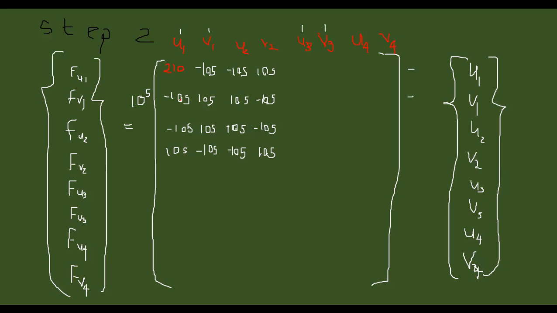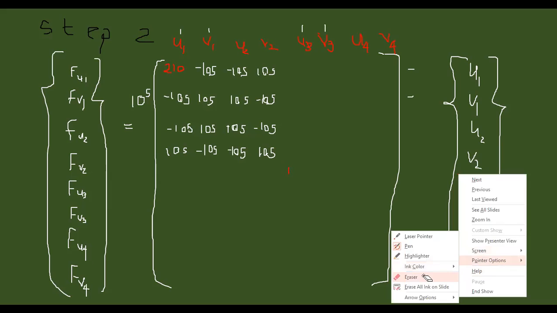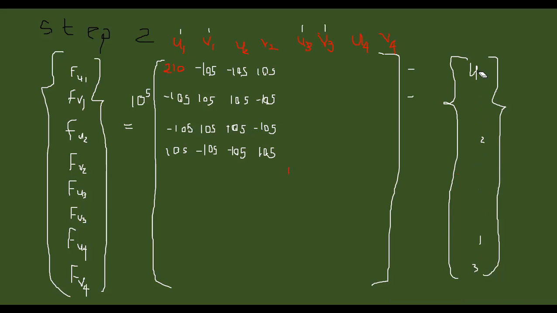Others are 0, and similarly it will happen for u3 v3 as well. There is nothing to be added here, so the rows are not aligned.